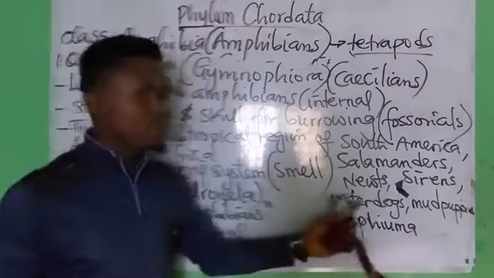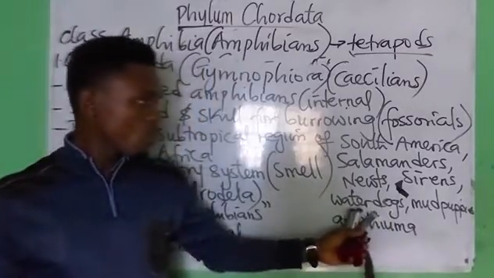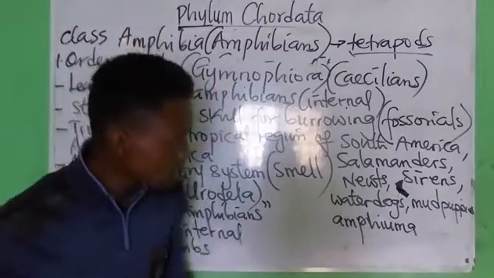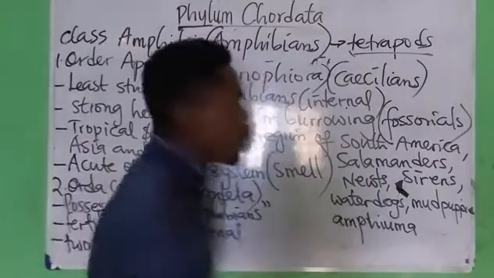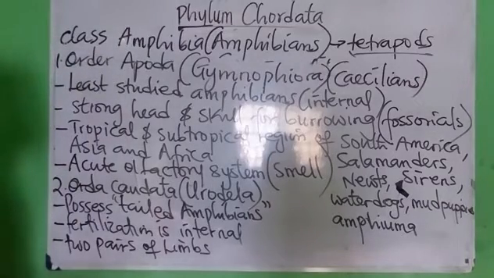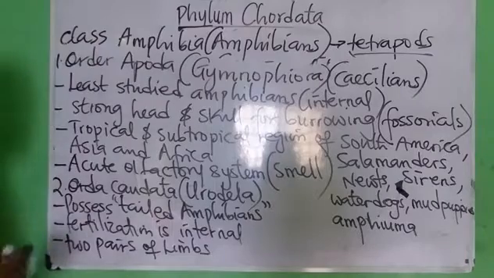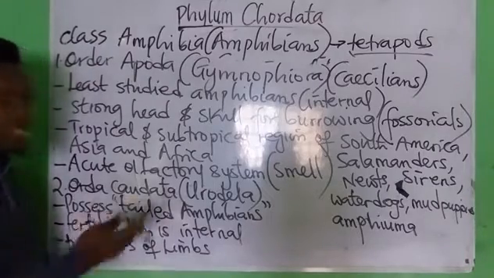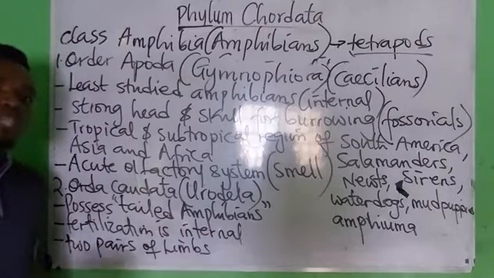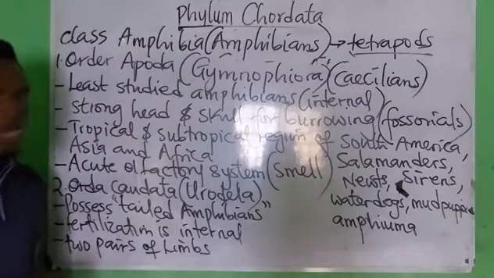So salamanders, newts, sirens, water dogs, mud puppies, and Amphiuma are all chordates. Because they are tailed organisms. And I told you that fertilization is what? Internal. I told you that they have 2 pairs of limbs, which means they have 4 limbs altogether.